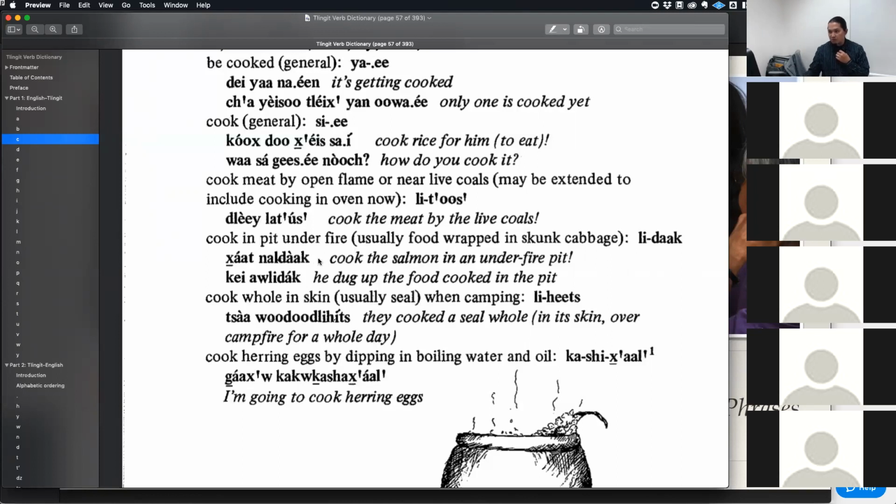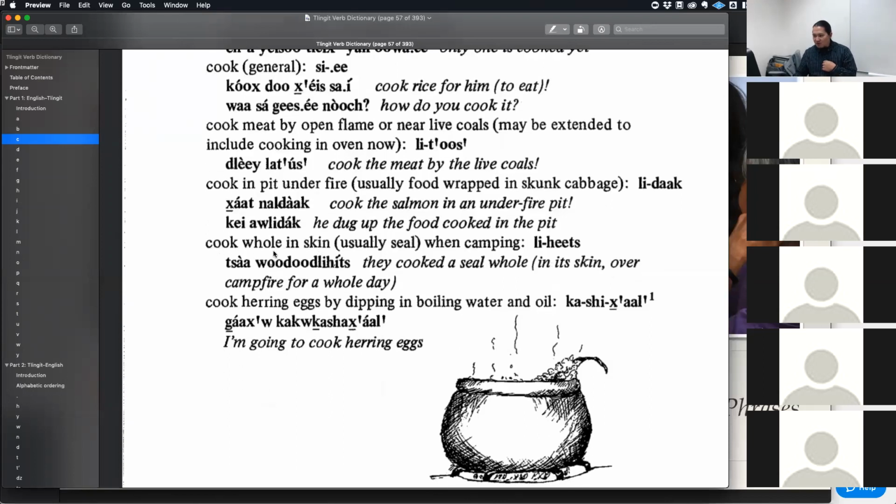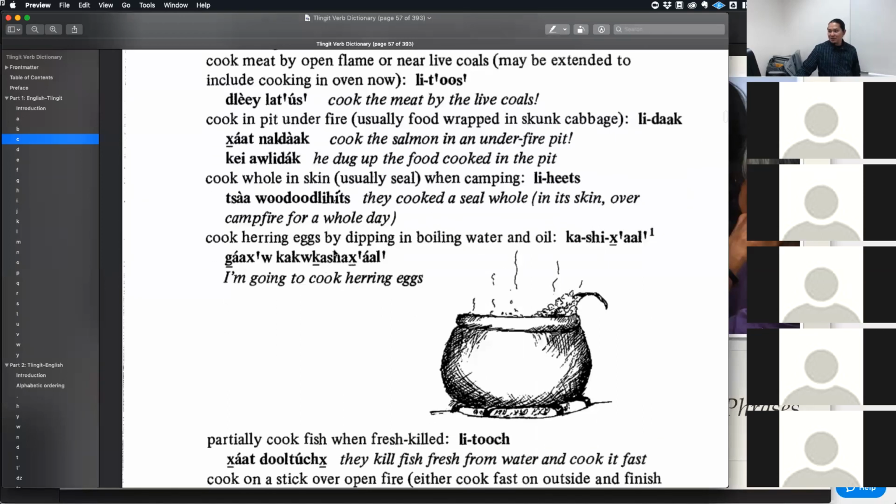And then you've got shadak, which would be cooking it under fire, wrapped in skunk cabbage, which we should certainly do because that is so yummy. Cooked whole in the skin, usually a seal, while camping. Shahits, right? And so this says wududlehits. That is a short perfective, so that's also a zero conjugation class.